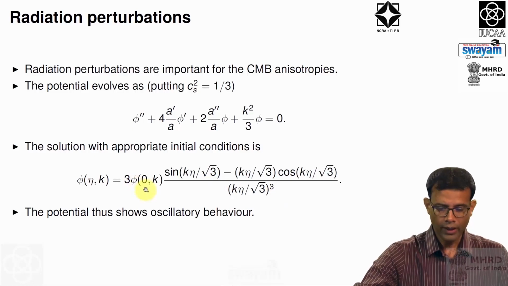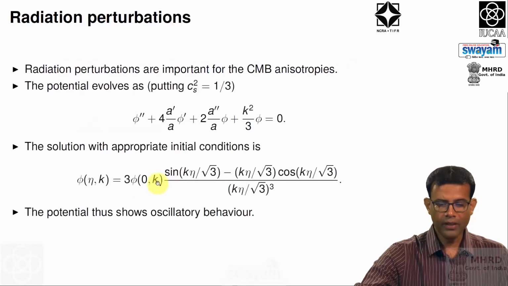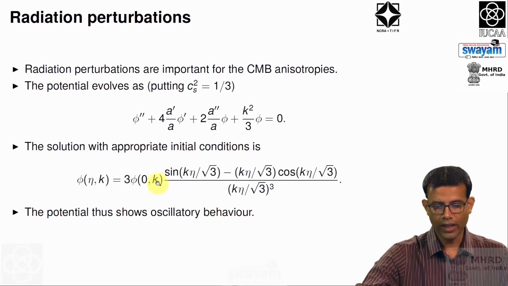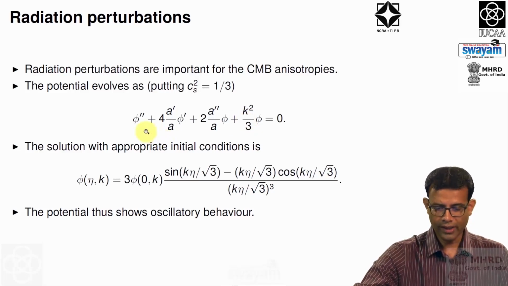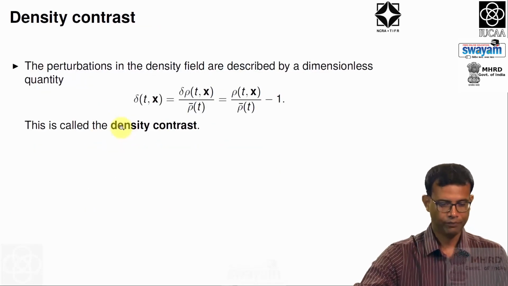So, this oscillatory behavior, again let me remind you, arises because there is a restoring force which is coming from pressure. On the other hand, there is a driving force which is just gravity.